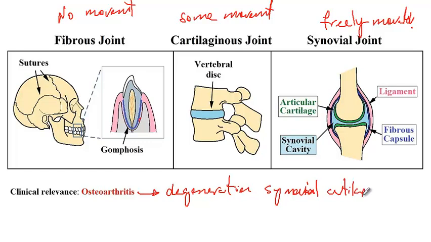And this condition is usually seen in elderly people, particularly in those who had heavy weight in their young ages, which causes destruction of these articular joints, as a consequence of which now the two bones will come in contact with each other. And so therefore, anytime that these patients move, since bone is rubbing on bone, there would be a severe pain. So this is an example of osteoarthritis.